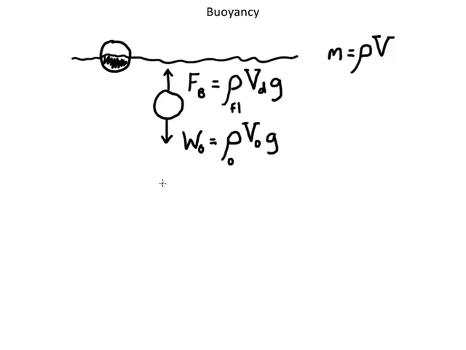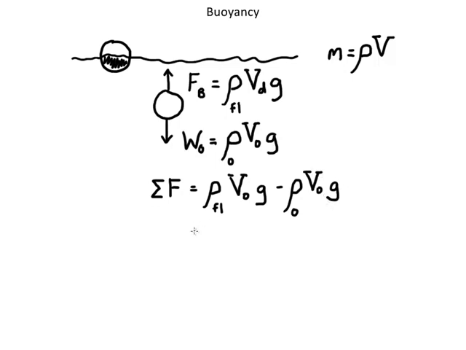At this point, I know that the net force acting on this would be equal to the up force minus the down force, which would be the density of the fluid times the displaced volume. Since this thing's completely underwater, the displaced volume is equal to the volume of the object, and the weight will be the density of the object times the volume of the object times g. So that's my net force.